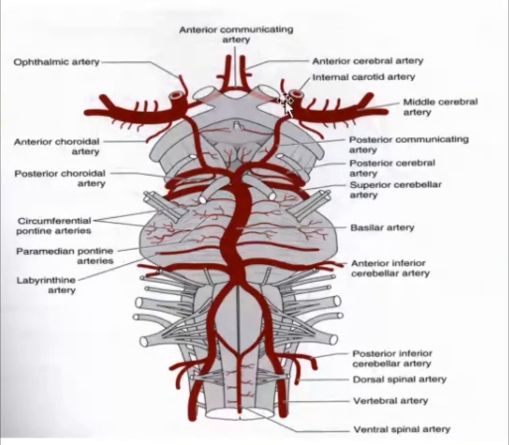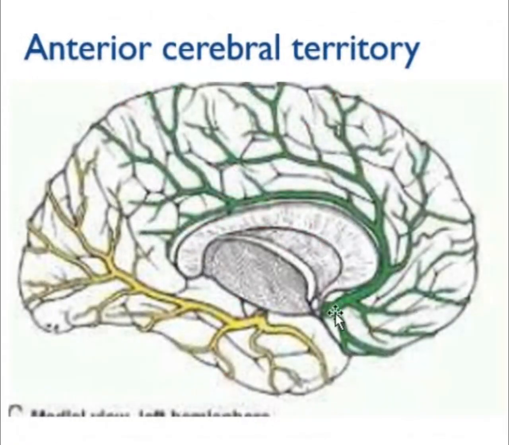And the anterior cerebral artery, this one, is the one which is going to supply the medial aspect of the frontal lobe and the medial aspect of the parietal lobe. It gives off those branches as it is curving above the corpus callosum. So this is how the medial aspect of the cerebral hemisphere is supplied with blood.